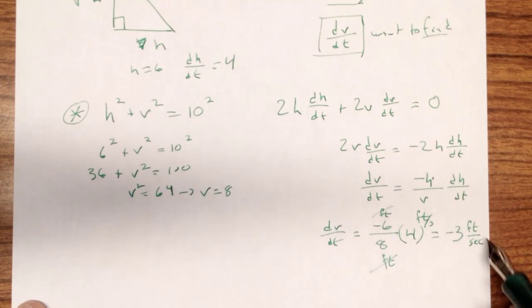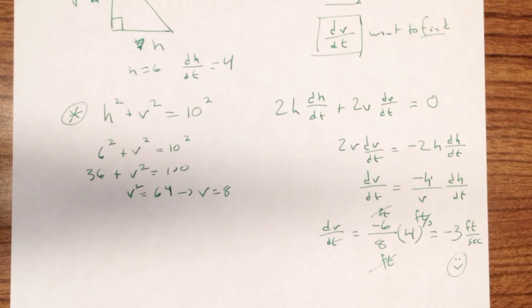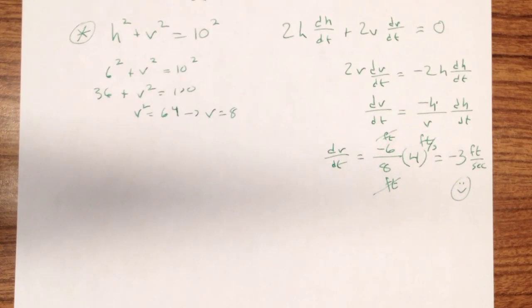Those cancel, I get feet per second for a unit. I find unit analysis to be absolutely critical to making sure I've actually solved for the piece I want to solve for. Questions? Again, since I'm not physically there, you should be emailing me.